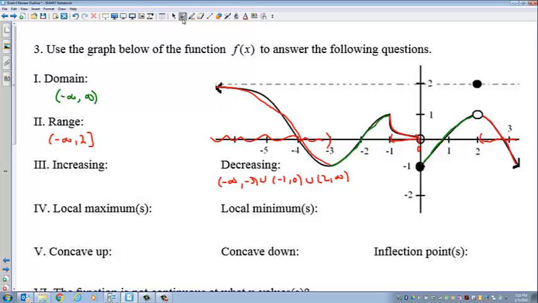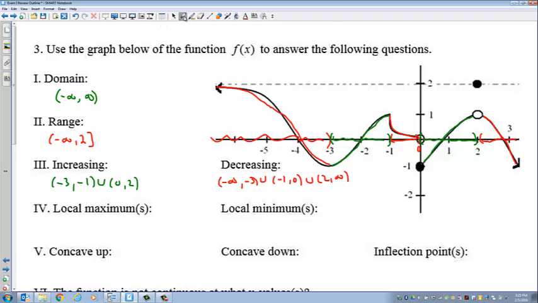And they're increasing every place else. So you're increasing from -3 to -1, union, and then this one goes from 0 to 2.